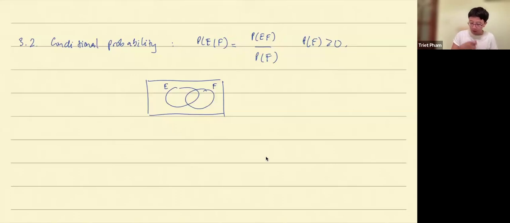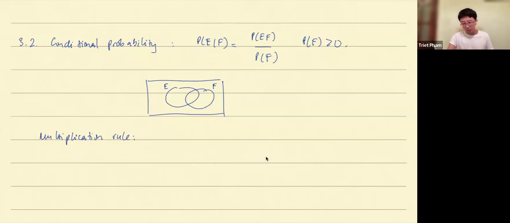But I guess another way to use conditional probability is to use it in the reverse way. This is called the multiplication rule.